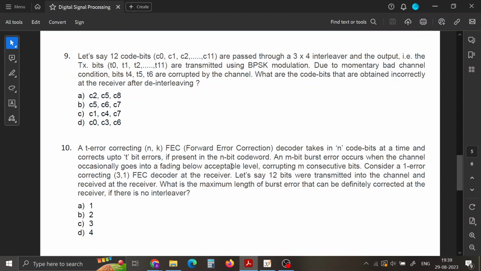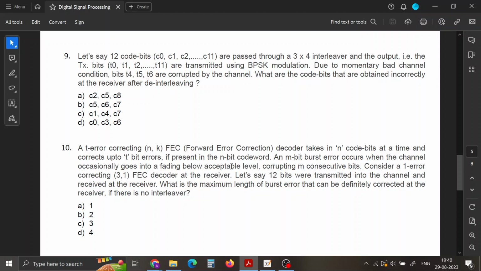You remember the concept of interleaver. They're used to randomize the errors. Whenever there is a burst error, it tries to mitigate that situation by randomizing the errors so that your error correction is possible. The transmitted bits T0 up to T11 are transmitted using BPSK modulation.